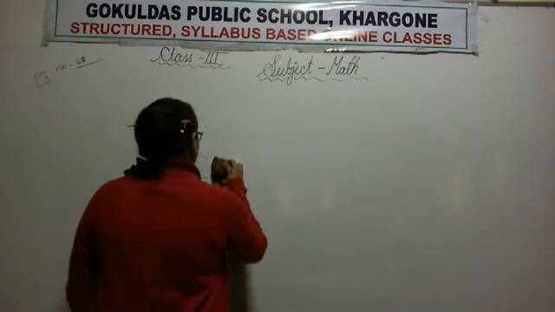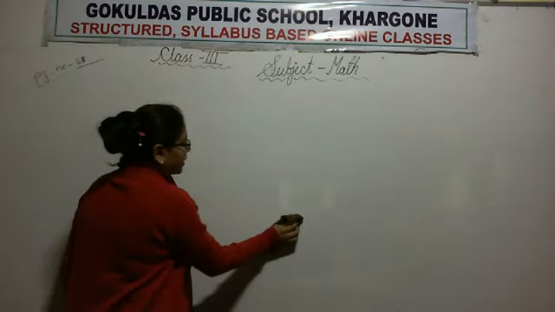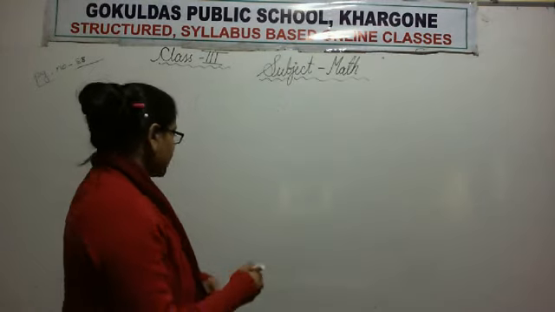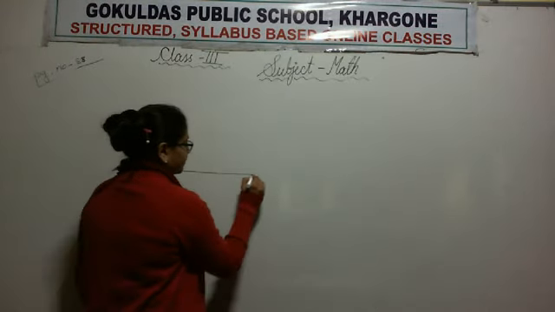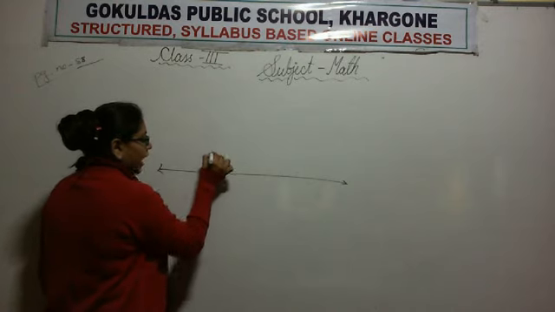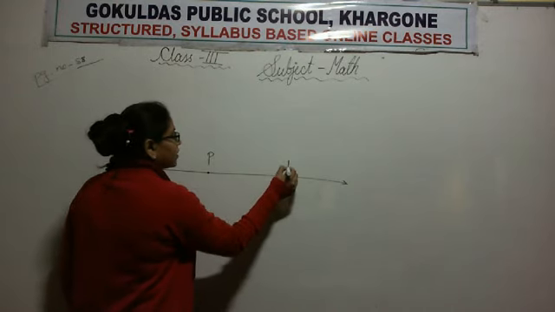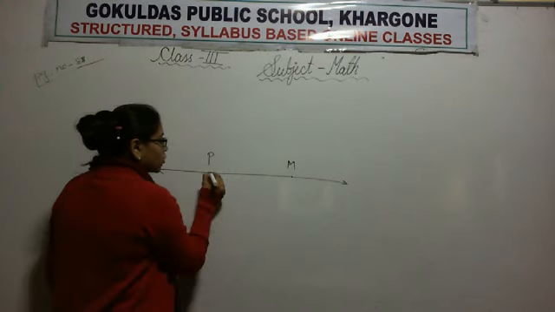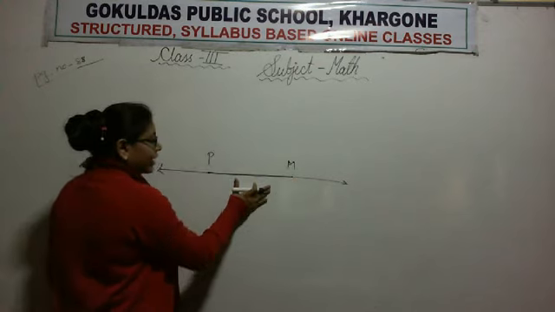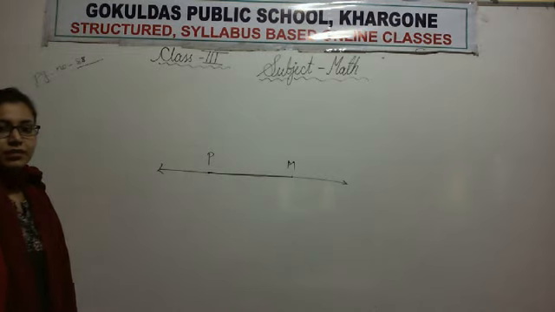One more thing which we are going to learn is line segment. What is a line segment? Suppose this is a line. Now I have taken 2 points on the line. Suppose this is P and this is N. So the distance between these 2 points on the line is called the line segment.